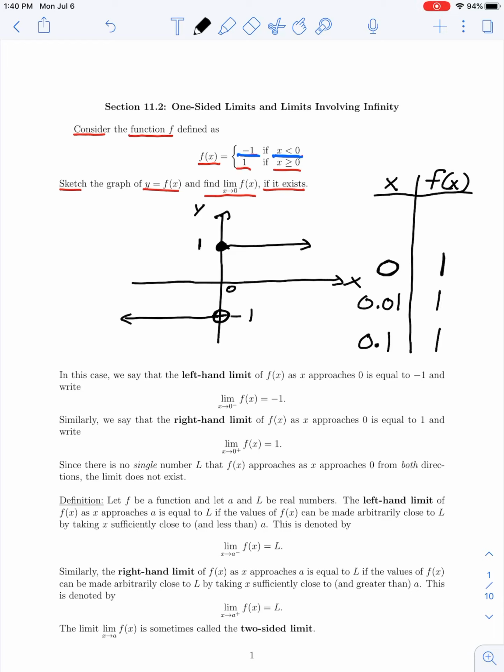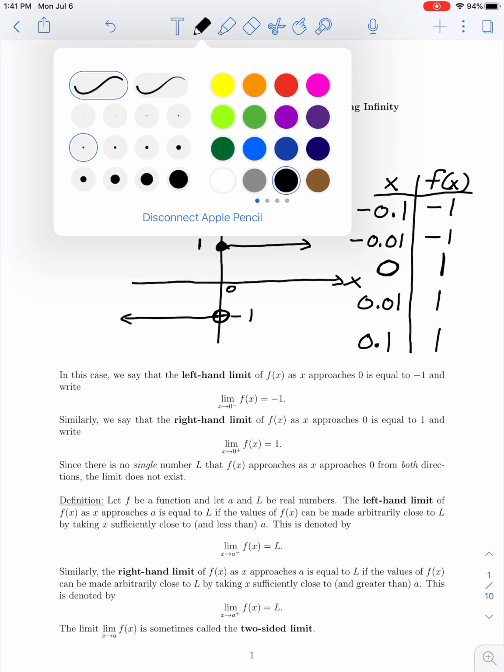So if I move a little bit closer to 0, let's take -0.01. Since this value of x is negative, we have a value of -1. So the question is, well, what is happening with the values of our function as we get close to 0 but not equal to 0?